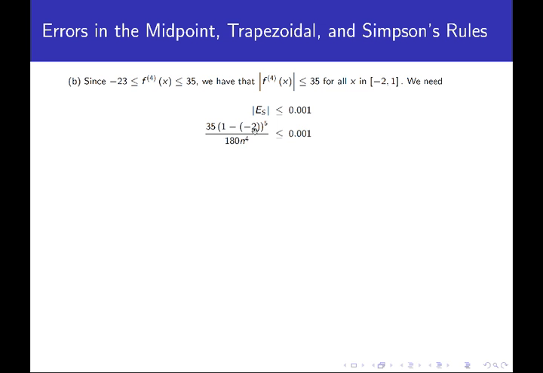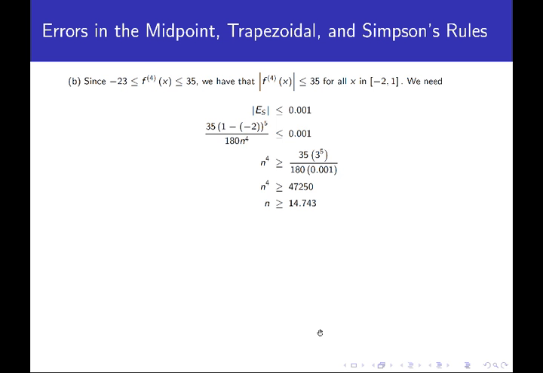Here's the length of the interval again, raised to the fifth power, divided by 180 n to the fourth. Rearrange, you'll get 35 times 3 to the fifth over 180 times 0.001, which means the fourth power of n has to be at least 47,250, which means your n has to be at least 14.743.